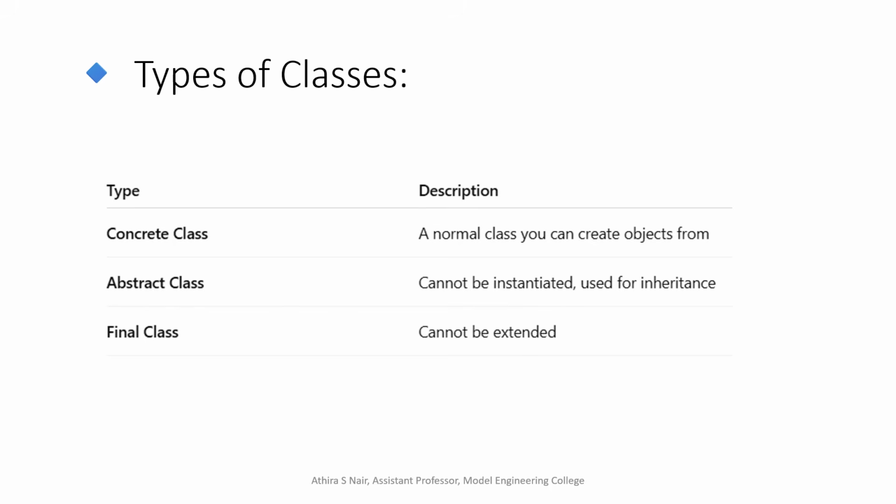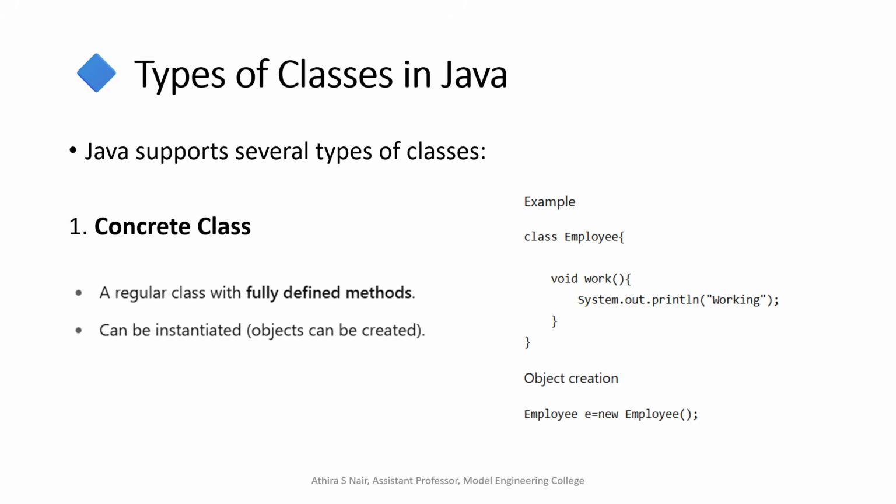Now in Java, we have different types of classes. Java provides different kinds of classes depending on the requirement, so let's study each one. First is concrete class, second is abstract class, and third is final class. First is the concrete class.